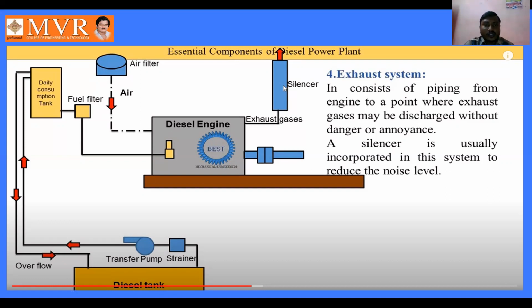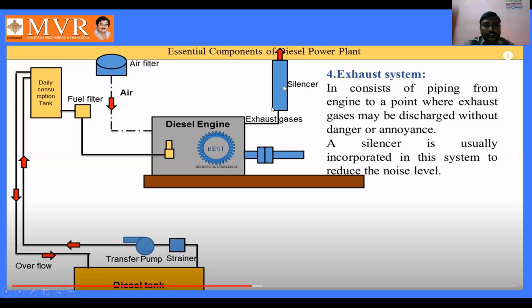These exhaust gases are released into the atmosphere by using the silencer. We can observe the silencer in bikes or in some vehicles, where it is used for removing the exhaust gases.